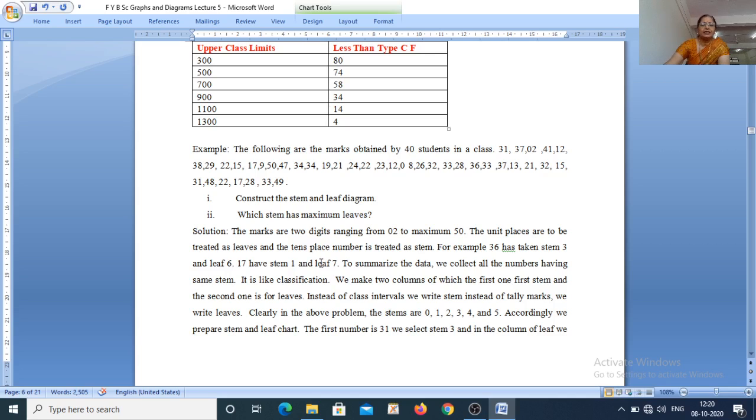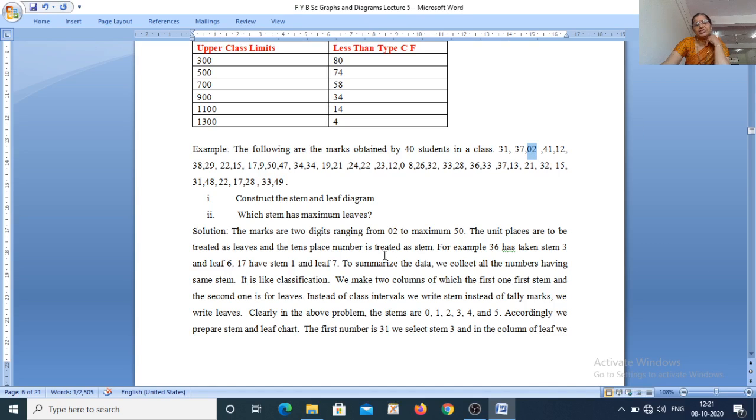Students, remember that here we have 2-digit numbers, isn't it? 31, 37, 2, 41, 12, etc. So in this case, we will consider the range of your data set. Here you can see that the maximum observation is 50 and the minimum observation is 2. Okay.